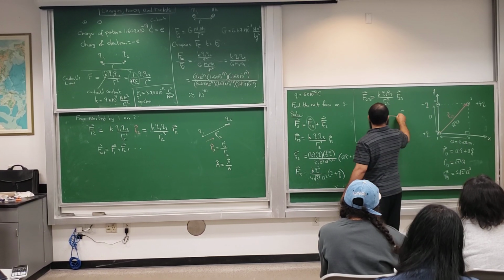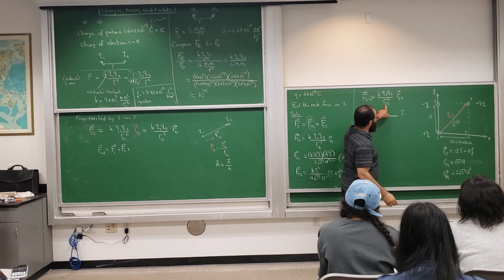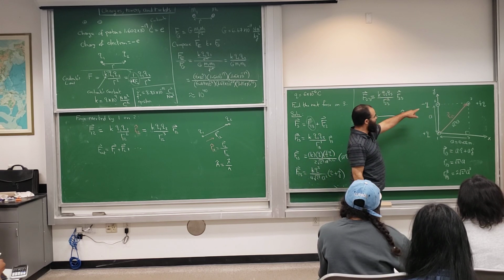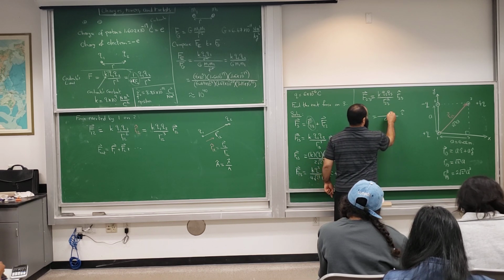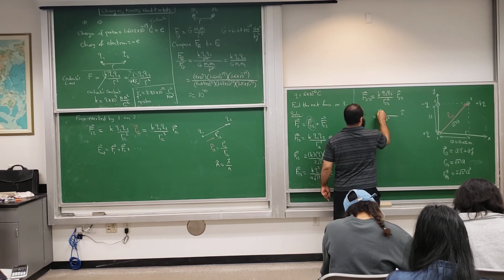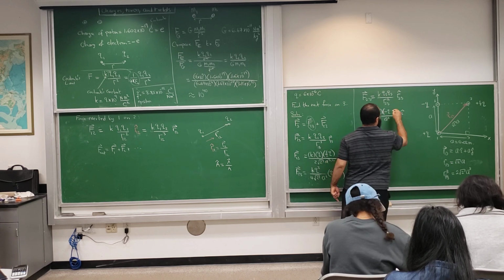Now for here, how far is 2 from 3? A, so A squared on the bottom. And then K is K, and charge 2 is minus Q, right? It's negative.